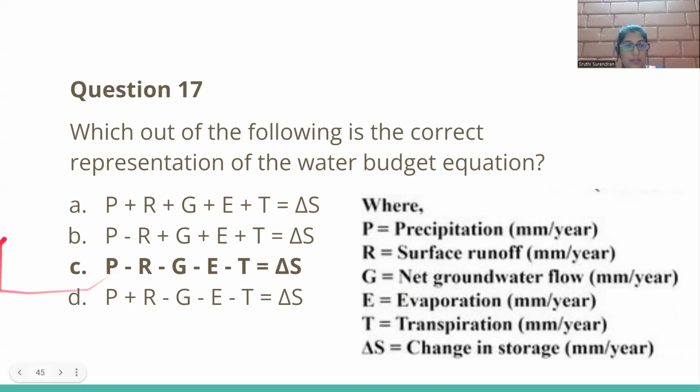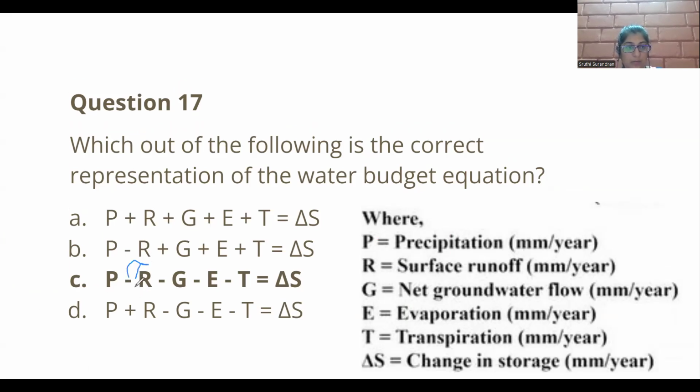If you put all of these four components in this format, they come under outflow. Here it will be plus, plus, plus, but all of these are outflow components and this is the only inflow component. That is why option C is the right answer for this question.